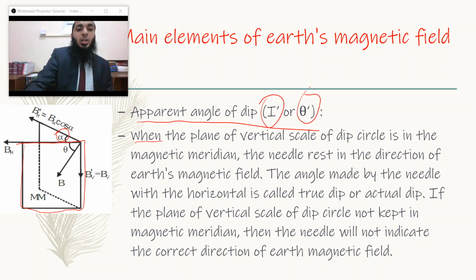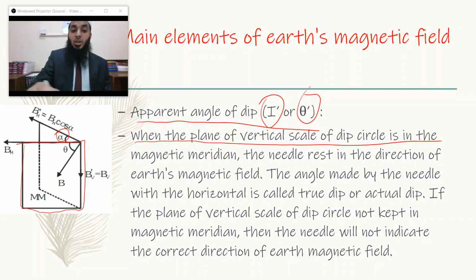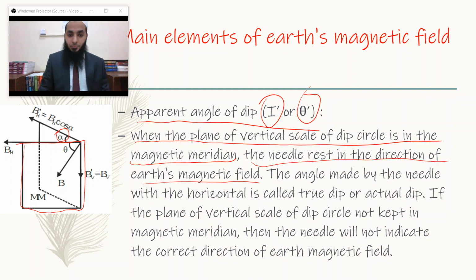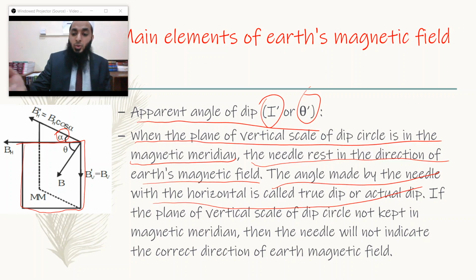When the plane of the vertical scale of the dip circle is in the magnetic meridian, the needle rests in the direction of the Earth's magnetic field, the actual resultant magnetic field. The angle made by the needle is called the true dip, or actual dip.